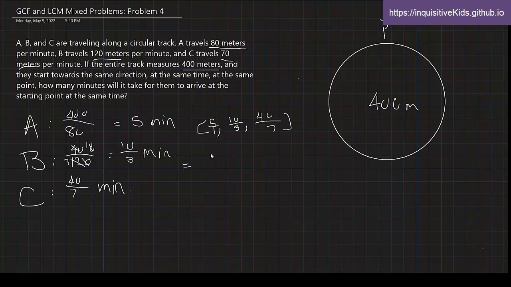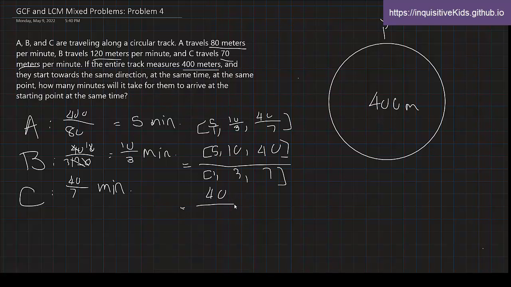So that equals 5, 10, and 40. So the LCM of 5, 10, and 40 over 1, 3, and 7. So 40 is both 5 and 10's multiple already. So 40.